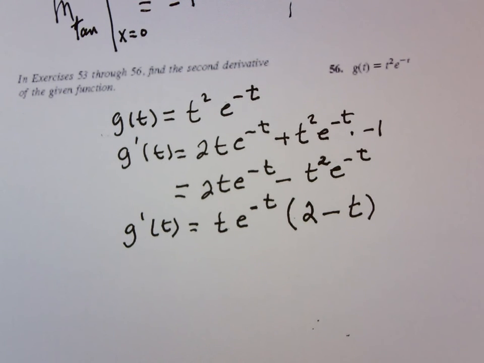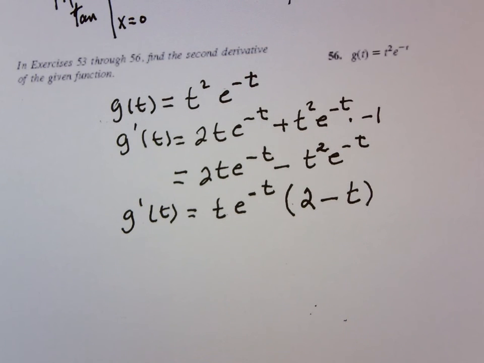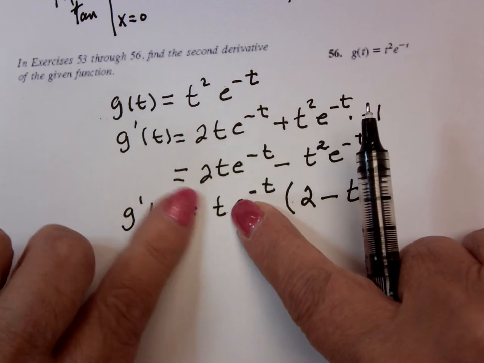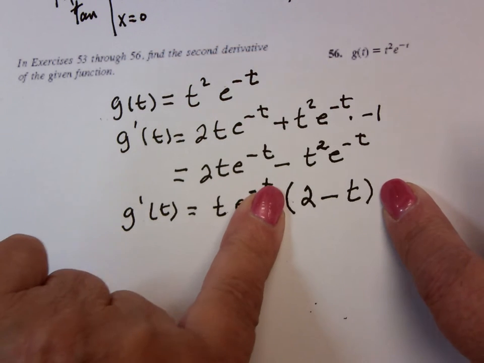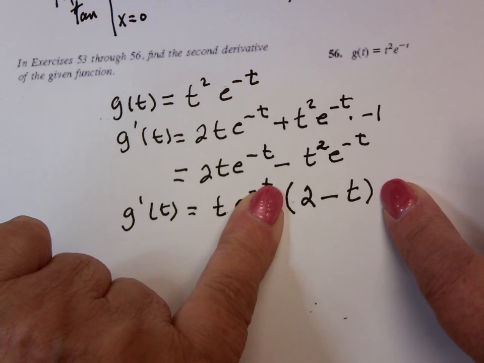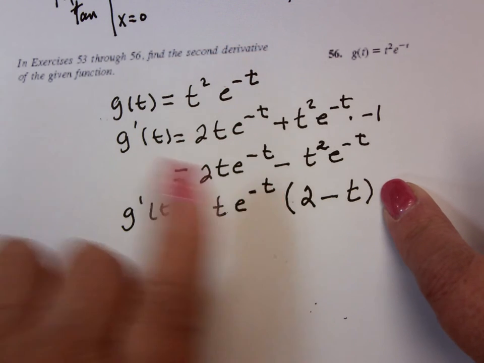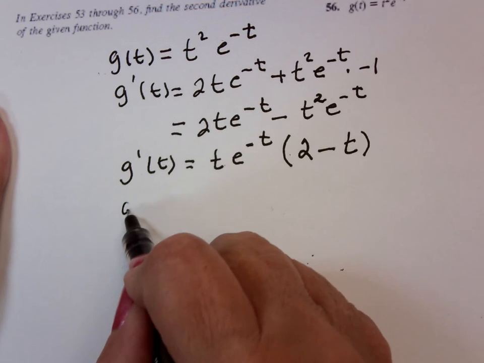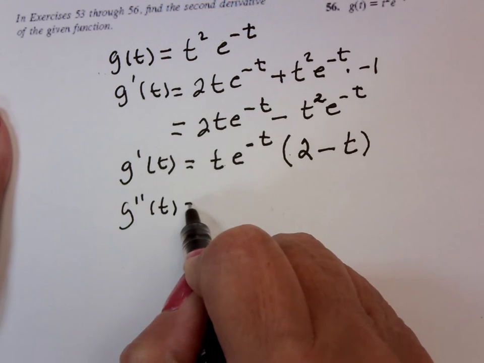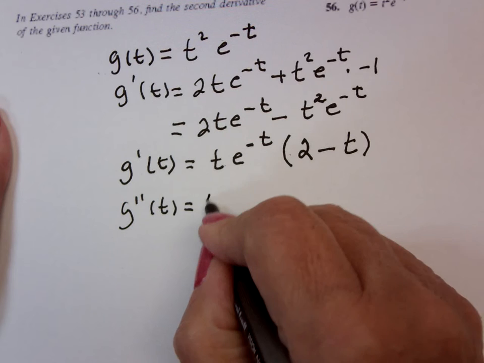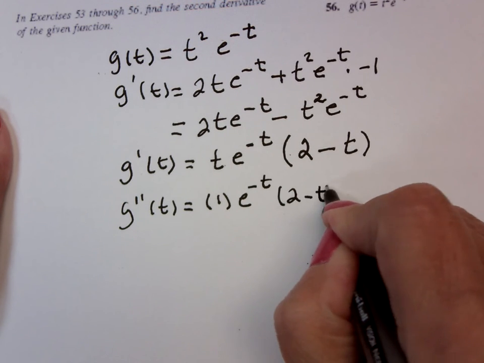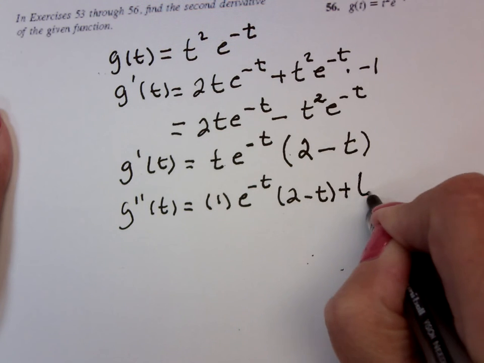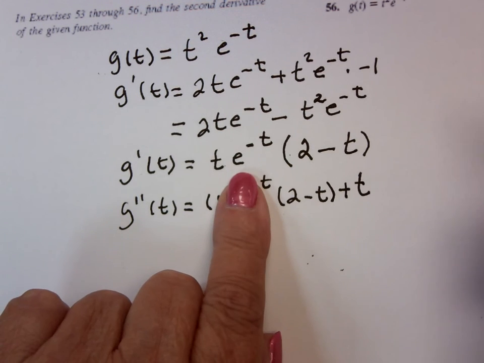But that still is product rule in triplicate: t, e to the minus t, 2 minus t. So it still is product rule in triplicate. So g double prime of t is the derivative of t, which is 1, e to the minus t, 2 minus t, plus t. Now, what's the derivative of e to the minus t?